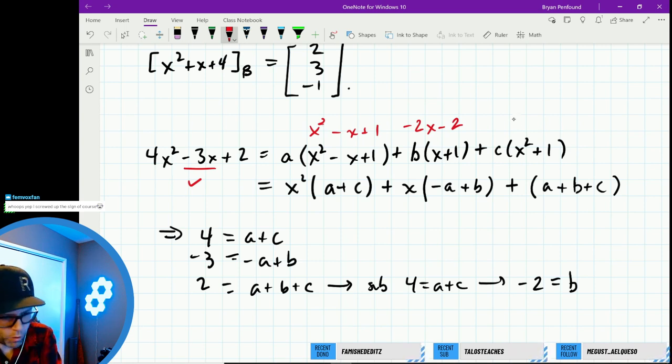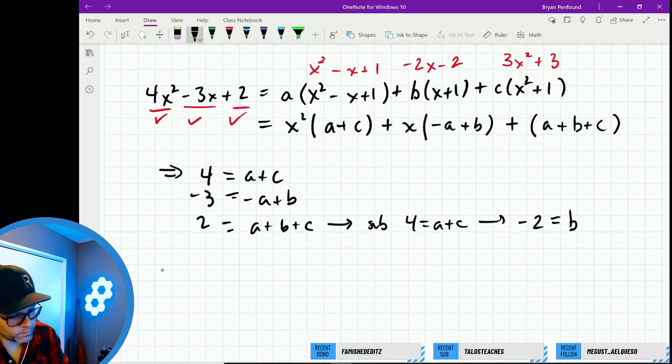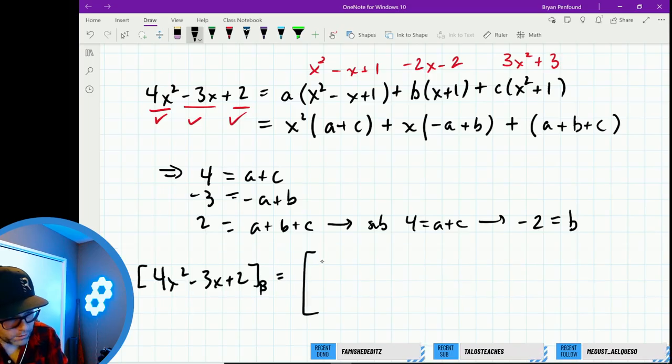We need to have 4 x squares, so that would imply that c should be 3. We just want to double check that our constants come out okay. 3 plus 1 is 4, minus 2 is +2. So that should be okay. So 4x squared minus 3x plus 2, in terms of basis beta, should be the column 1, -2, and 3. Boom.